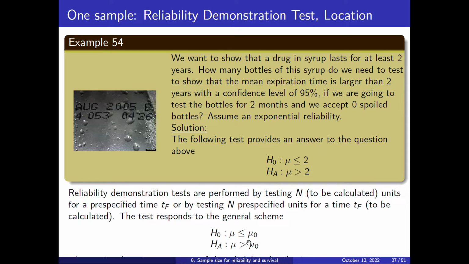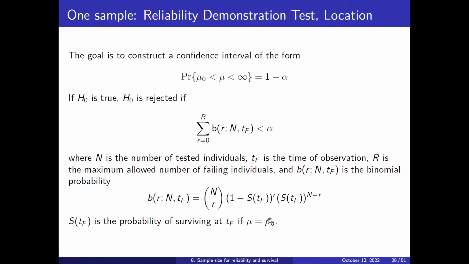So this is the shape of our hypothesis test, and then we want to construct a confidence interval on mu that is of this form, and it has probability 1 minus alpha. So if the null hypothesis is true, the null hypothesis is rejected if this sum is smaller than alpha, and this sum is from 0 to the maximum allowed number of failing individuals.